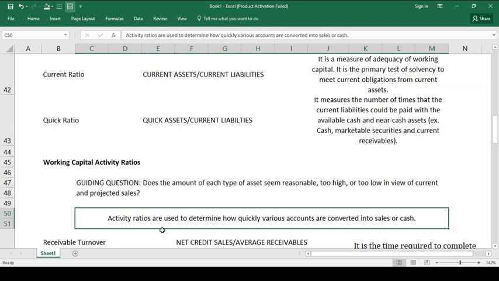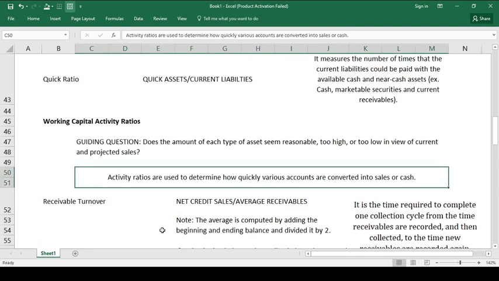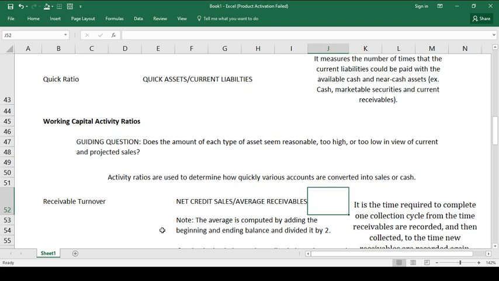Okay, activity ratios are used to determine how quickly various accounts are converted into sales or cash. So the activity ratio will provide us information that a particular asset can be converted into cash easily. Okay, or the sales can be converted into cash easily.